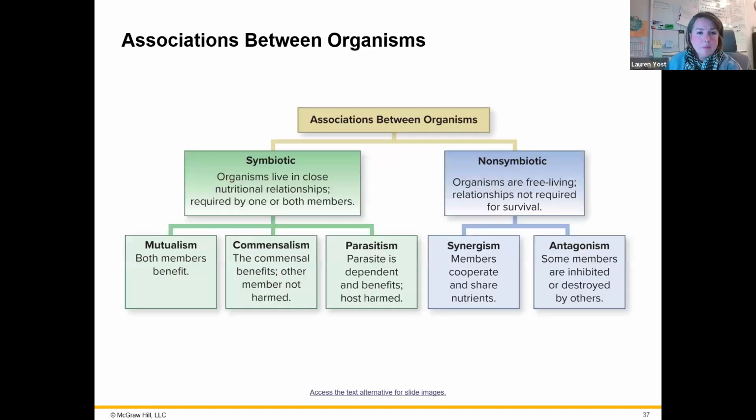All right, moving on. Organisms can have relationships with one another. Anytime an organism depends on that relationship for living, then that's symbiosis. So symbiosis is relying for survival on the relationship. But if you have a relationship with an organism that can affect one another, but it isn't required for survival, like you and your pet dog. Your dog can live out in the wild if it needed to.